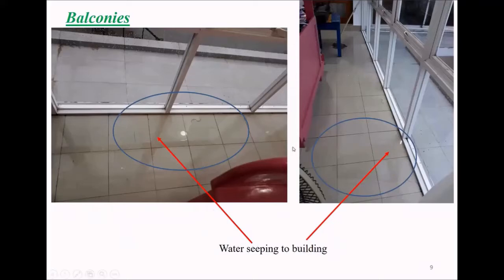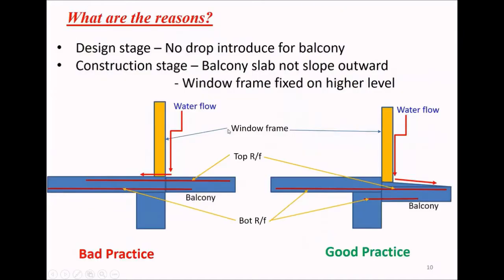Now, this picture shows water leakage through this window. You can see in this picture, water seeping into the building, right? What is the reason for this? Mainly at the design stage, we have not done a proper drop here. Balconies should have a drop, at least 3 inches. When we have a 3 inch drop, we can use this bottom reinforcement as top reinforcement of the balcony.